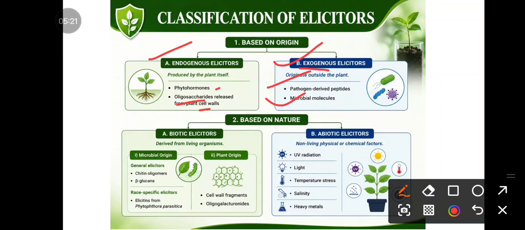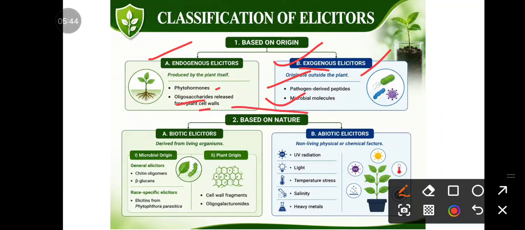When a pathogen attacks, it triggers the defense. So some pathogen molecules are helpful for the plant to trigger its defense responses. Those are the exogenous elicitors. So this is about endogenous and exogenous elicitors.